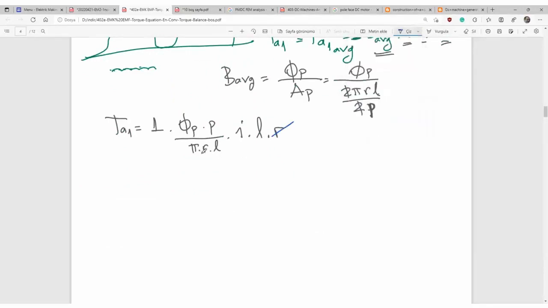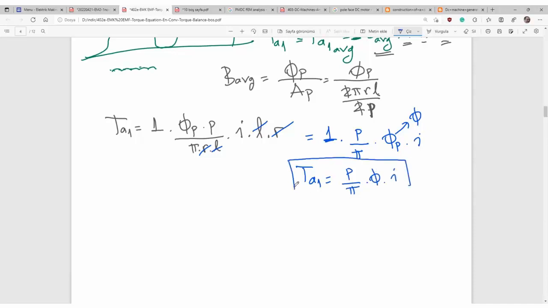R will be eliminated, L will be eliminated. So resultant average torque for one conductor is pole pair number over pi, and then flux, then current. TA for one conductor is P over pi times flux times current of one conductor.